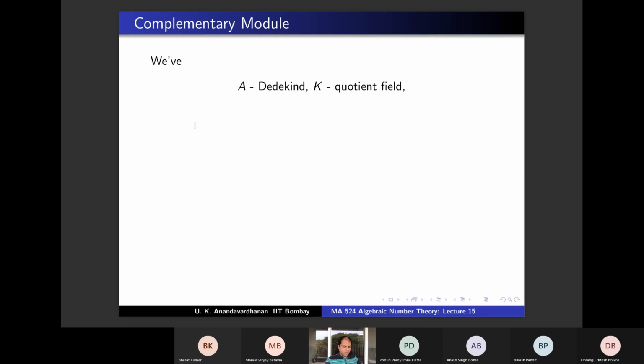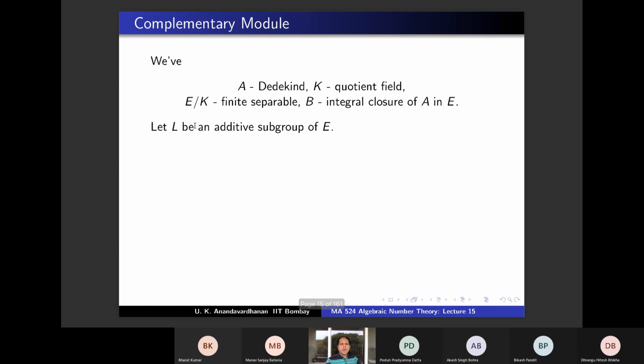So the picture is back to chapter 1 notation. A is Dedekind, K is its quotient field, E over K is a finite separable extension, and B is the integral closure of A in E. This is the setup in chapter 1. And we are going to take an additive subgroup of E. E is a field, so with respect to plus, it's a group. With respect to multiplication, the non-zero elements form a group. We are taking E with the given addition. So take an additive subgroup: L is a subgroup of E with respect to plus.